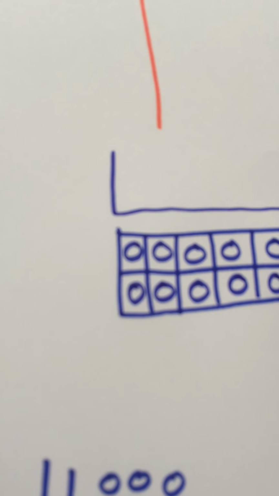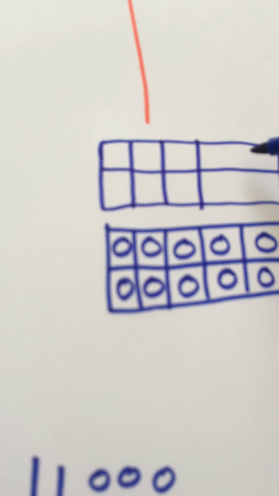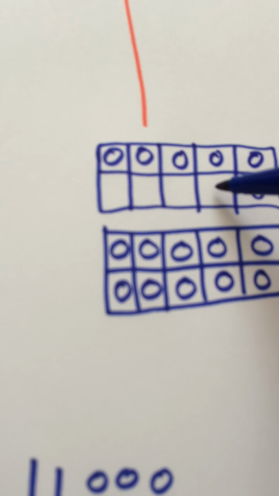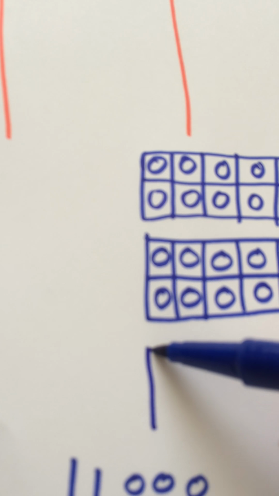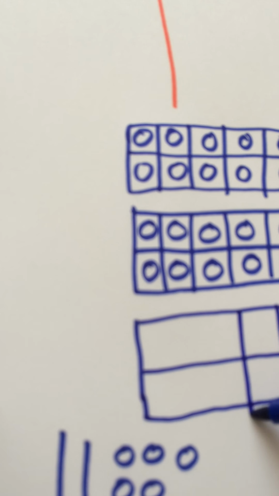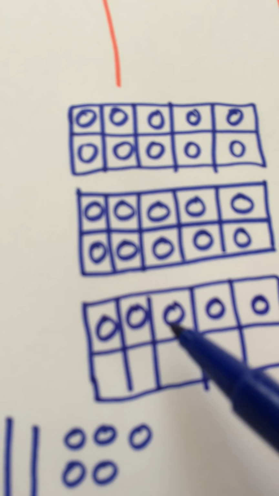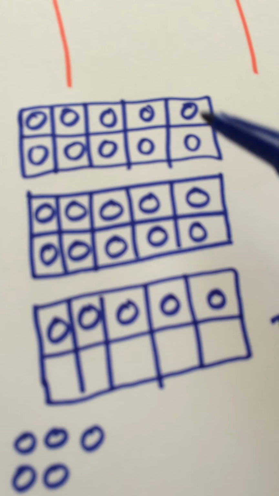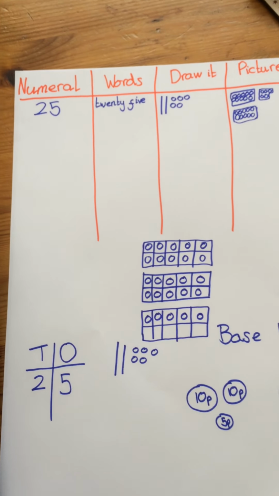We could draw another tens frame. Sometimes the hardest thing about that is splitting it up into actually 10 pieces. You want to double check that. So that's 2 tens frames. And there's 5 filled out on our tens frame. So there's 10, 20, 5, 25. So there's lots of different ways that you can do that to show the picture part.